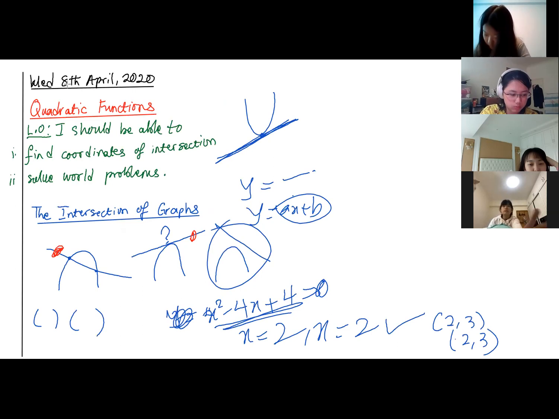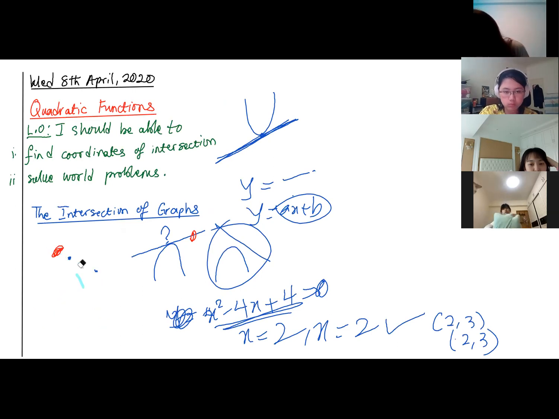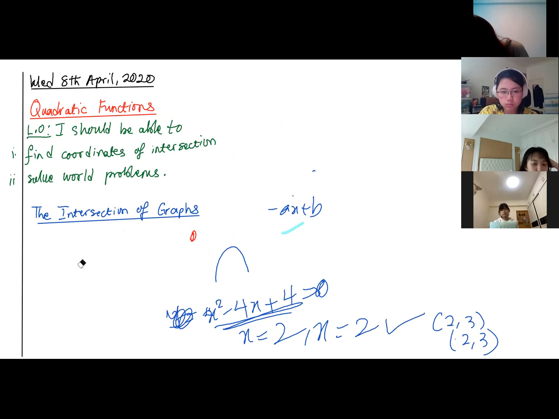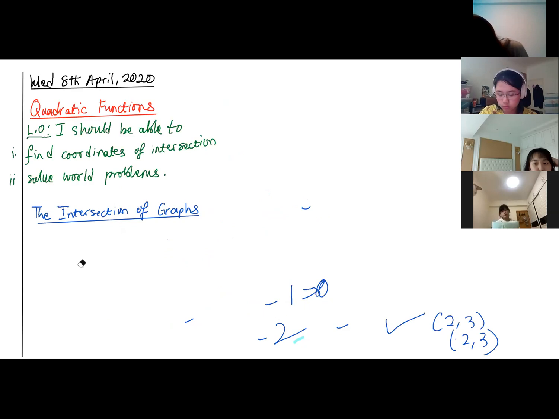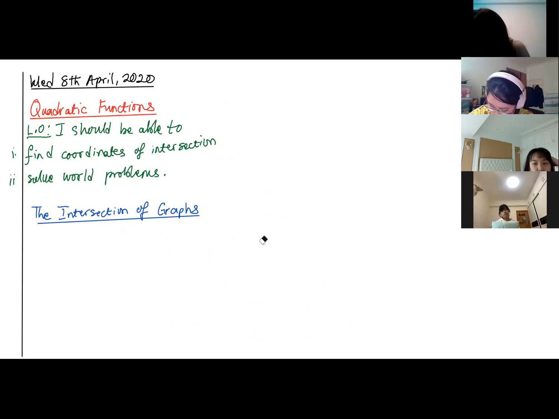Maybe let's write this first, so I don't mix them up. I don't mess up your notes. Let's write this first. So there are three scenarios when a curve and a line meet. There are three scenarios. So let's write that detail, so you have something to go over later. A section of graphs. Okay.